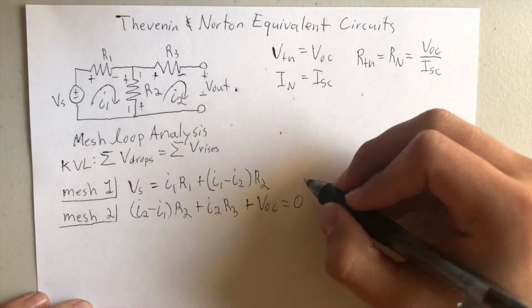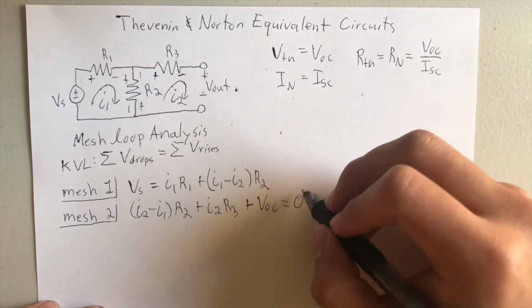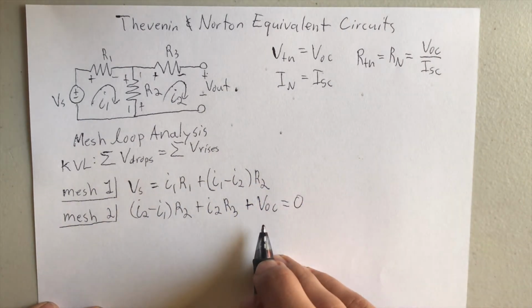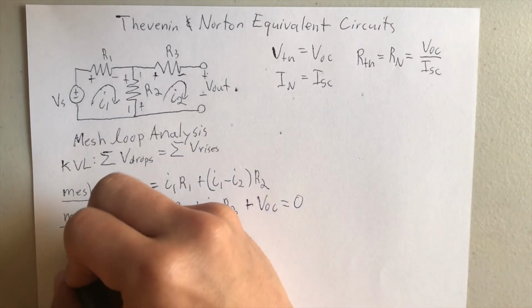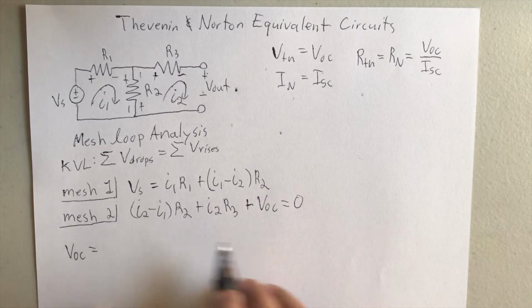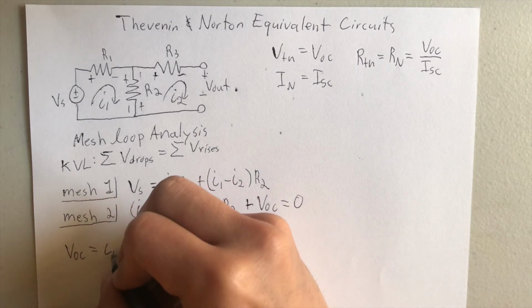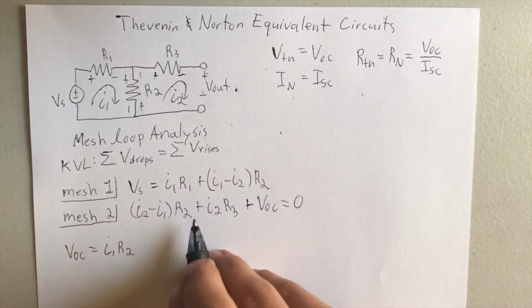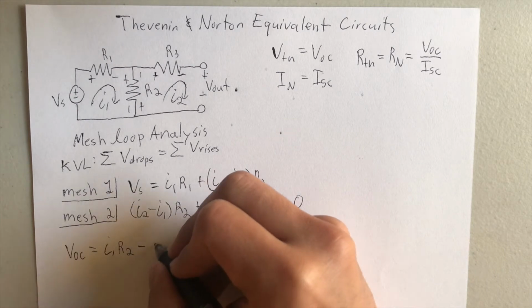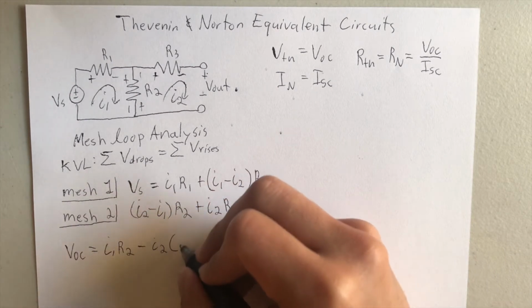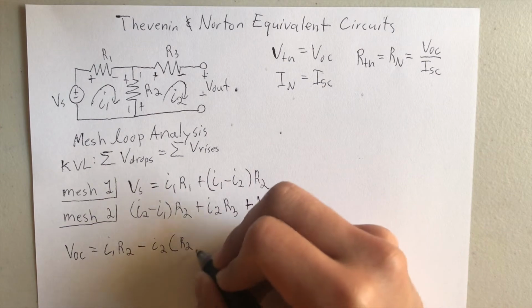So now we have two equations with two unknowns, and we're after the open circuit voltage. We move I1 R1 to the right, R2, and we subtract I2 times R2 plus R3.